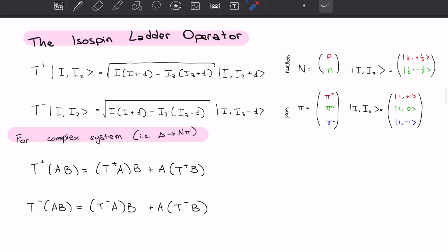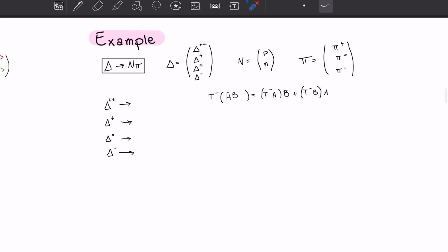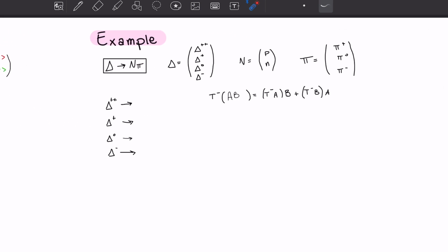This is a little bit easier to see on an example, so let's now do an example. We have this example, which is a delta particle decaying into a nucleon and a pion, and we want to find out what the different projections will decay into.